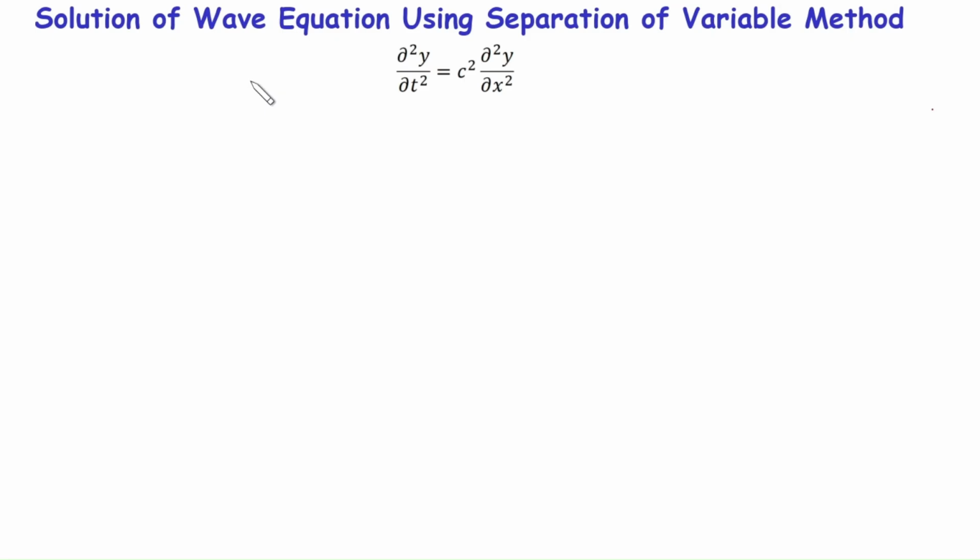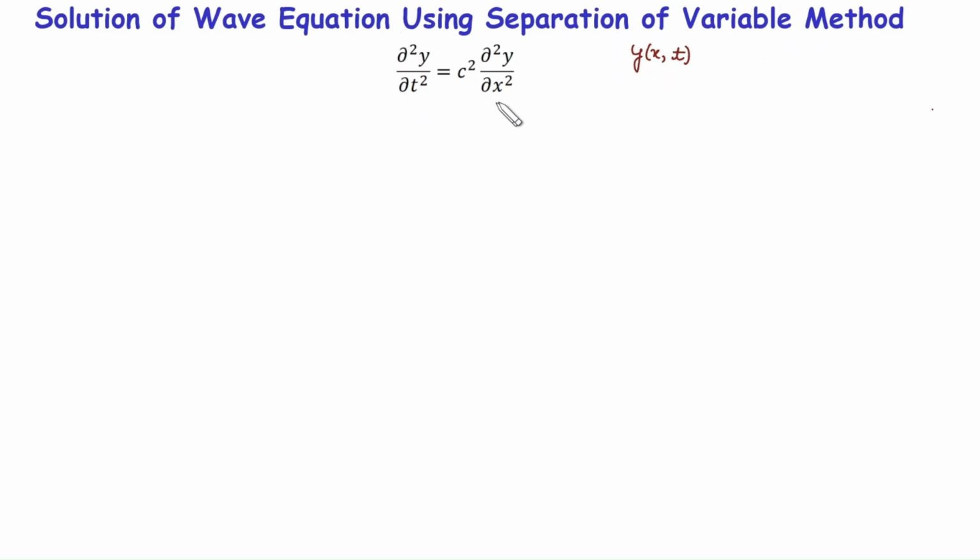Now we will solve the wave equation using the method of separation of variables. Firstly, recall what y is. Y is a displacement that depends upon the position x and the time t. So we can say that y is a function of x and t. Now what approach are we using in the separation of variables method?